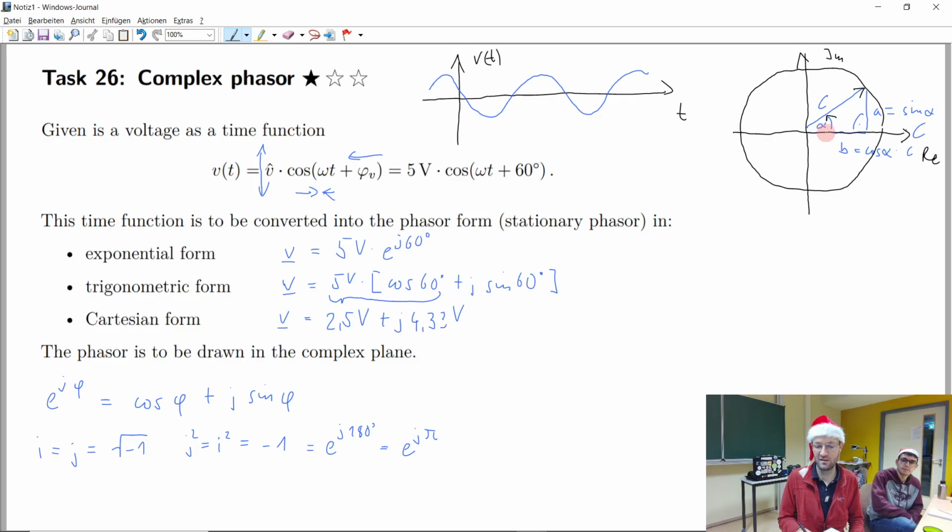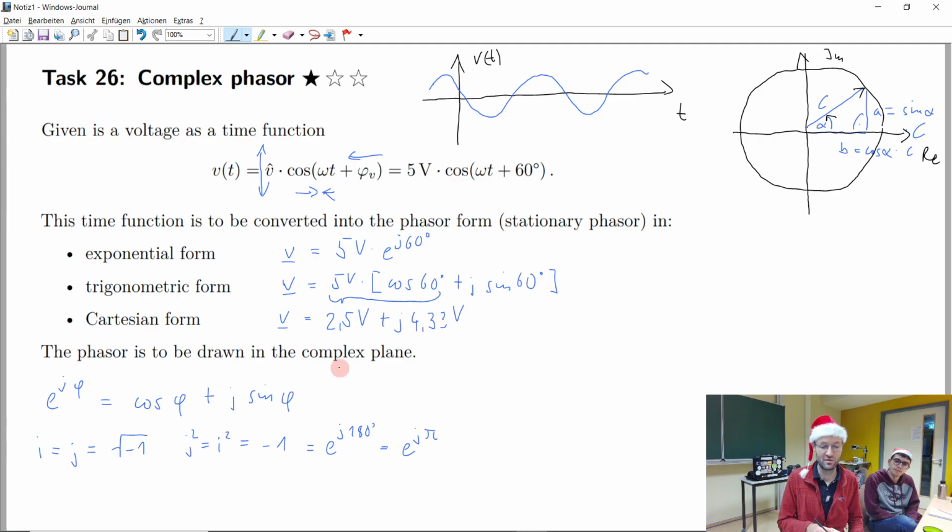So this leg is always the cosine. This is the real part of the complex number, and this length here is associated with the sine of this angle, and this is what we call the imaginary part of this complex phasor.